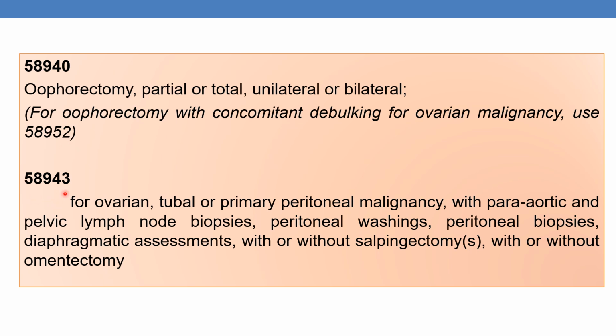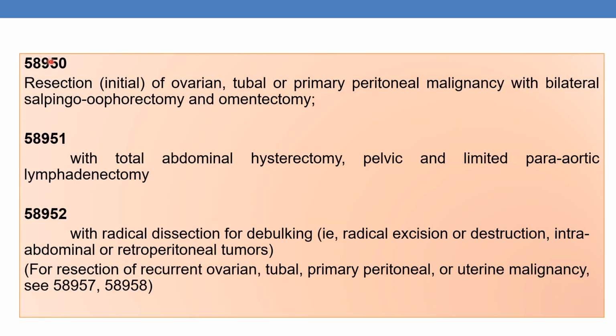Next CPT is 58943. Oophorectomy for ovarian, tubal or primary peritoneal malignancy with para-aortic and pelvic lymph node biopsies, peritoneal washings, peritoneal biopsies, diaphragmatic assessments with or without salpingectomy or with or without omentectomy. Next CPT is 58950.